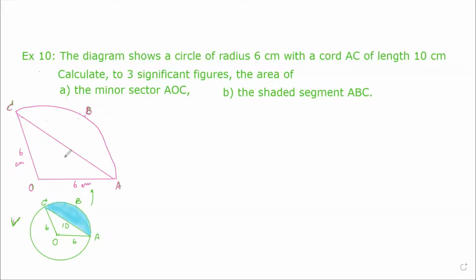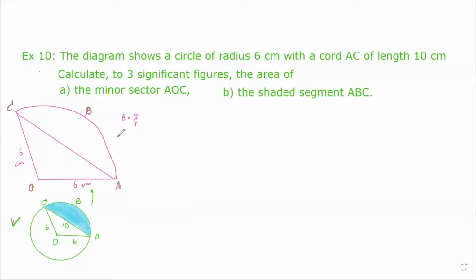Then from this piece, if you want to find minor AOC, right? AOC, that means this piece, the whole thing. We have to know the formula. The formula for arc length is s equals r theta, so we have theta equal to s over r, right?